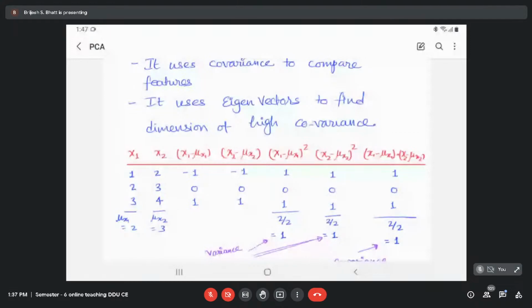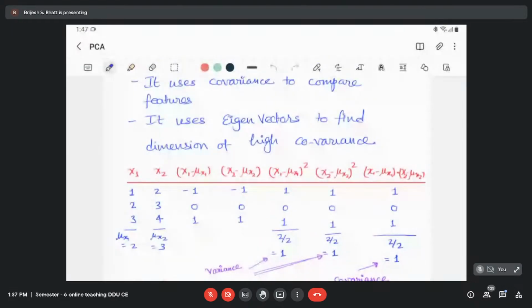Now the step to create covariance matrix is first of all find out mean of the data. So here in this example, data is two-dimensional. We have two features, x1 and x2. These are the two features for which we want to calculate covariance.